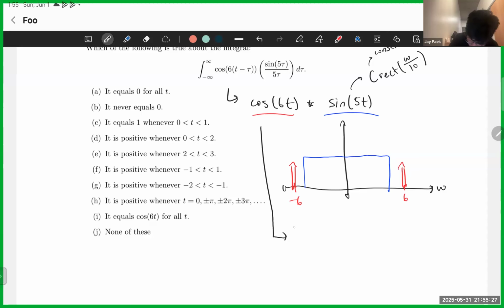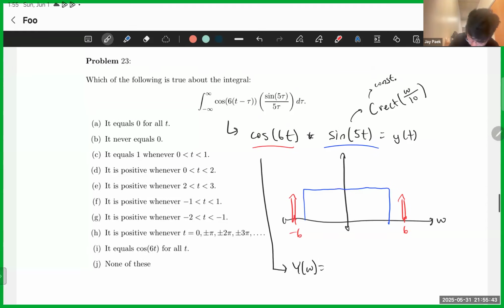Consider that this will have, let this equal y of t. Then y of omega is equal to the product between, okay, let me write this out. I need 2 nice letters, r of t and s of t.